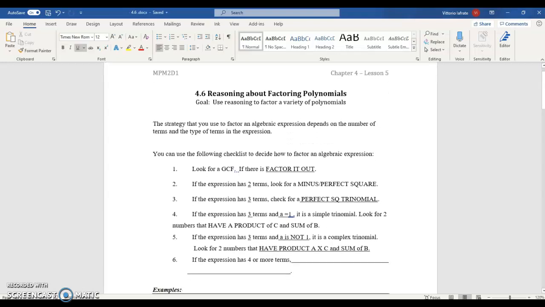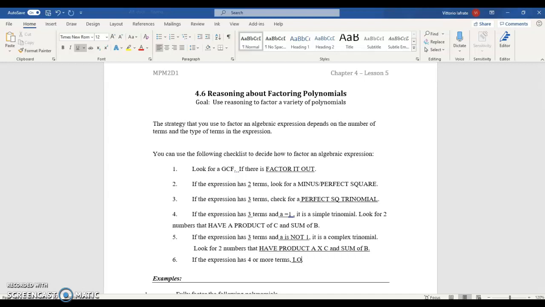We're just summarizing all of the different types that exist. And now sometimes we have situations where the expression might have 4 or more terms. And if that's the case, what you want to do is look for groups where there's some commonalities and then factor.